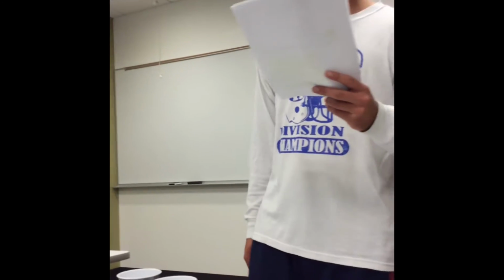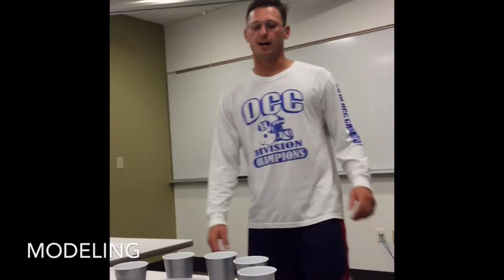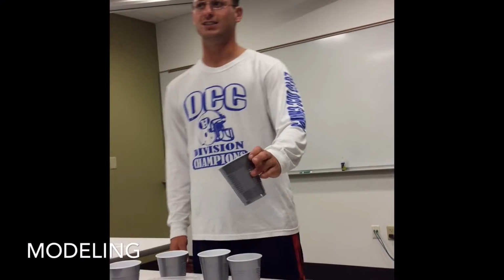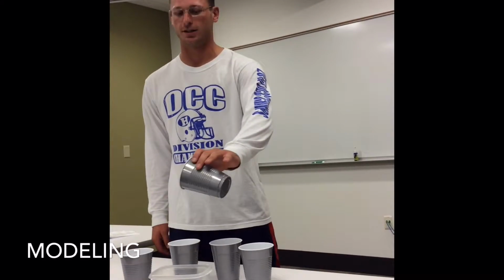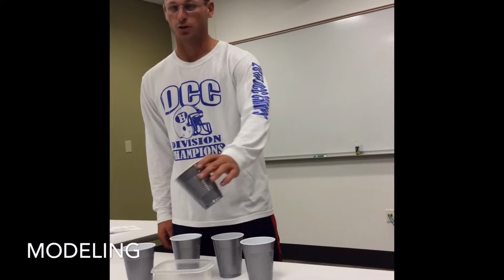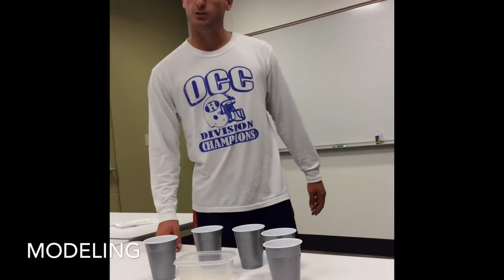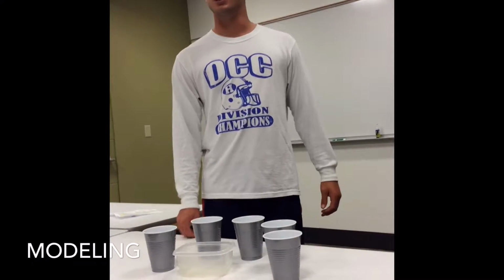Next step, once finished writing in complete sentences about your observations, you are going to draw and illustrate the materials on your desk. All right, class, I'm going to give you a quick demonstration. You are going to pour the cup gently into the container of water so you can see the reaction it has. You're going to write what you observe and illustrate what you see.